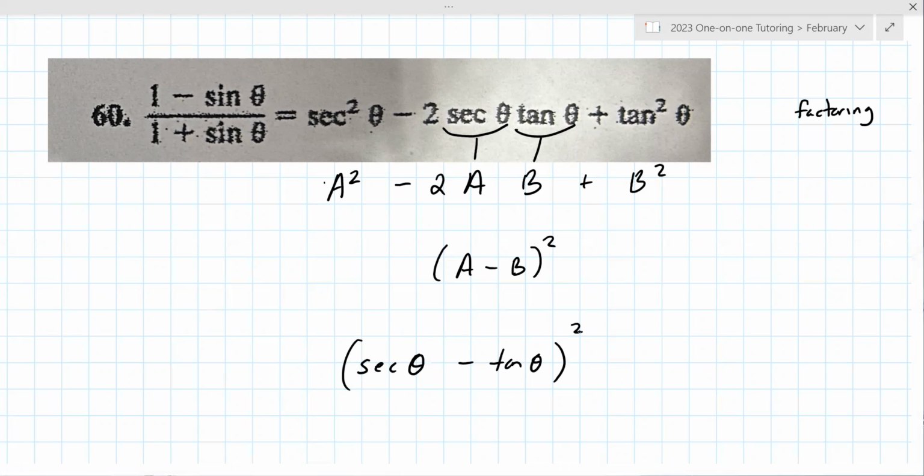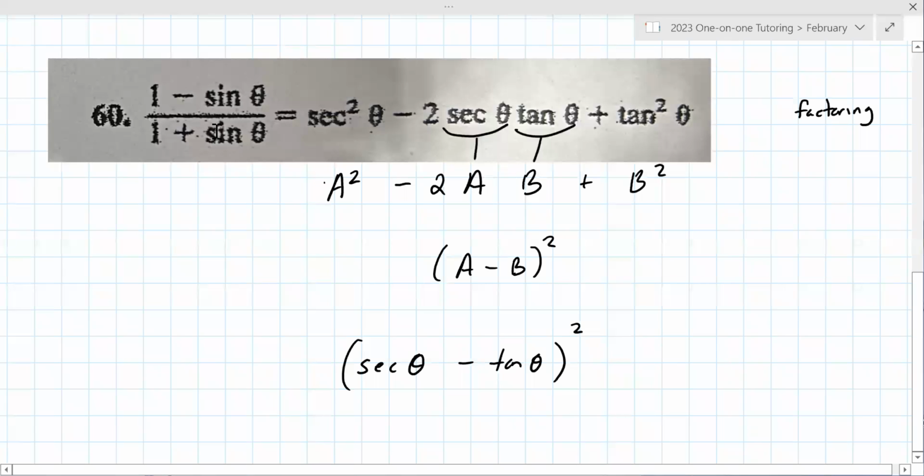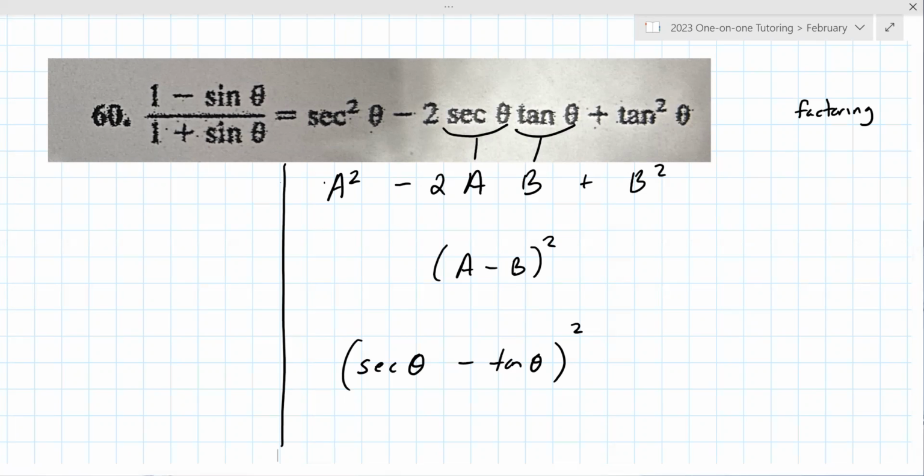But I mean, that is no way close to this thing on the left, but that is what it is. So does anything stand out to you? I mean, this is a good step to take, but does anything stand out to you from this point, what to do next? Can you distribute the exponent?